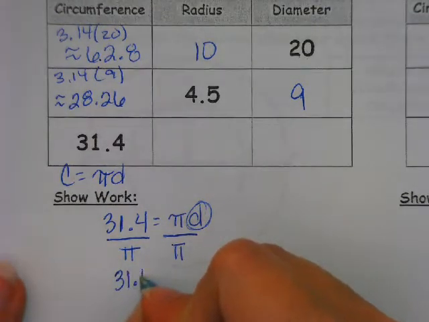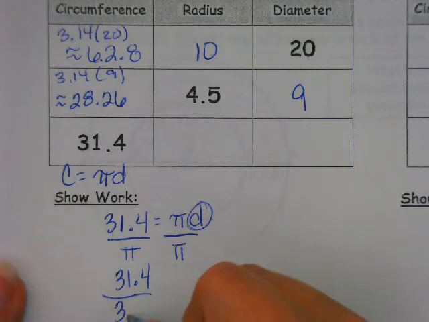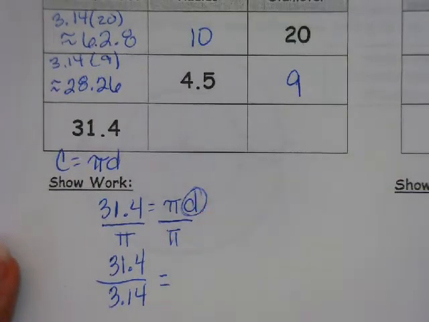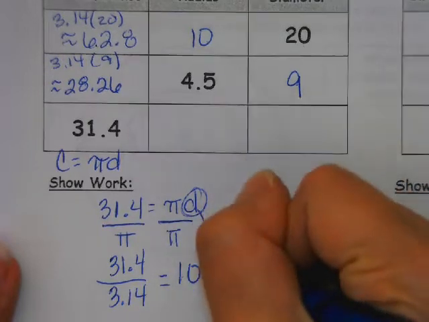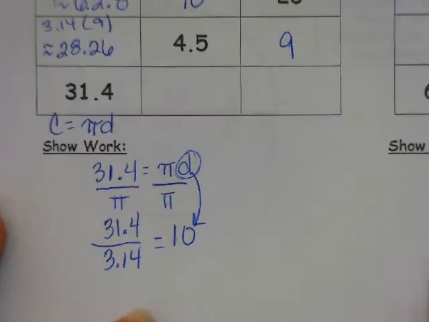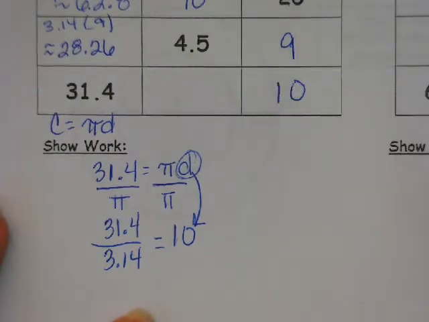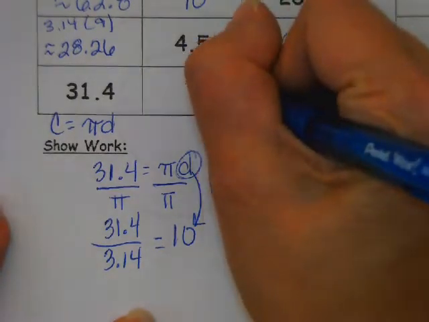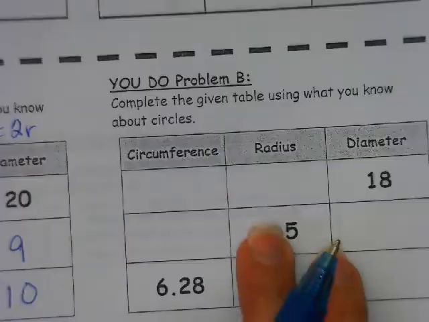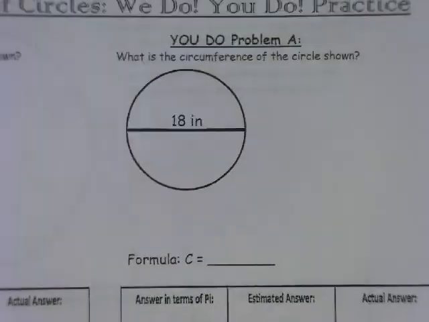So 31.4 divided by 3.14 is what? 10. And that is my diameter. Do you see that? So if my diameter is 10, what is my radius? 5. So I would like for you to try the two we do or you do problems, which is this one, you do B and you do A. Let's try that and we'll come back.